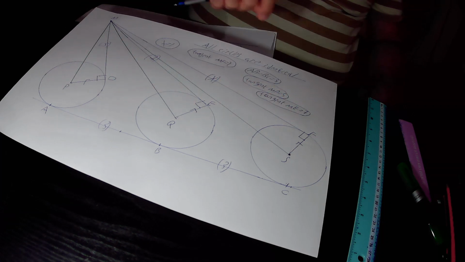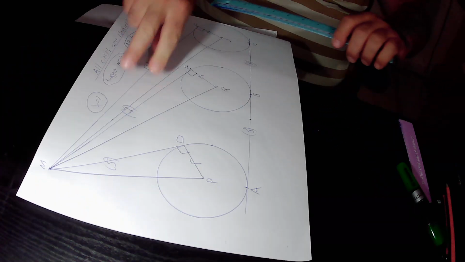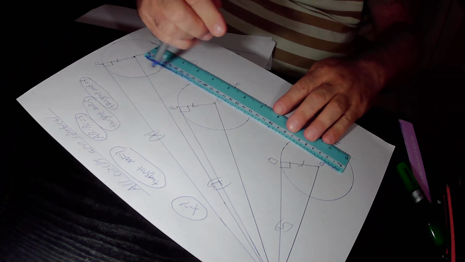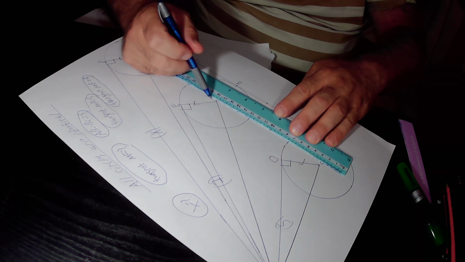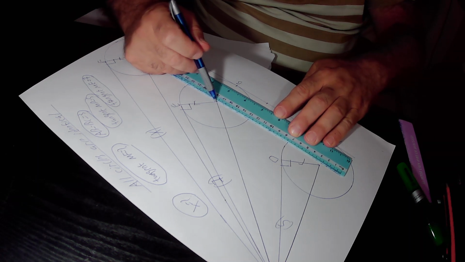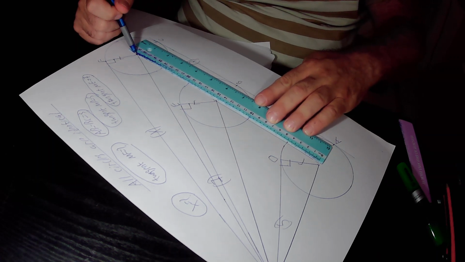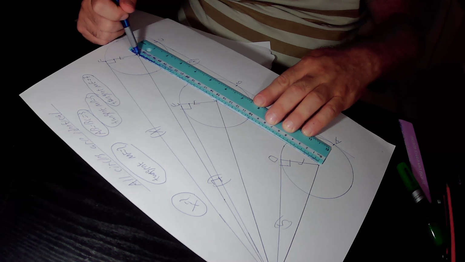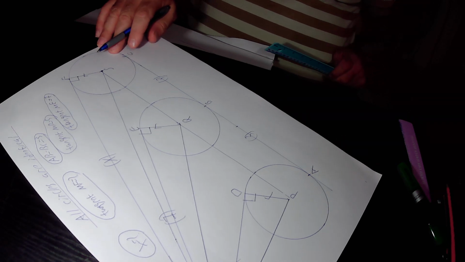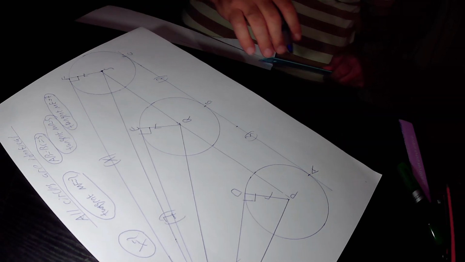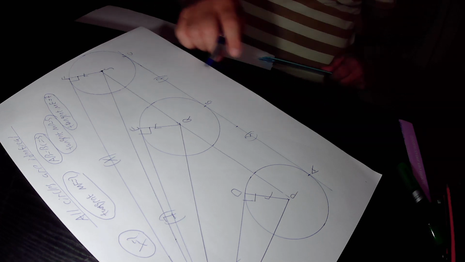PQS is one straight line according to the rule that I mentioned. Moreover, the straight line PQS must be parallel to the straight line ABC.